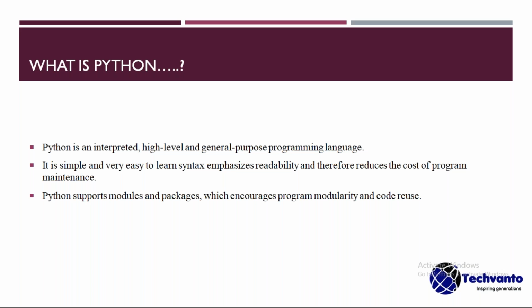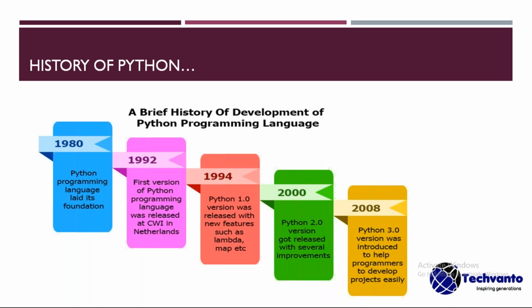Moving to the next slide, that is history of Python. As you can observe, I mentioned here a brief history of development of the Python programming language. You can observe in this picture. Python was conceived in 1980 by Guido van Rossum at CWI in Netherlands as a successor to the ABC language. In 1992, the first version of Python programming was launched.